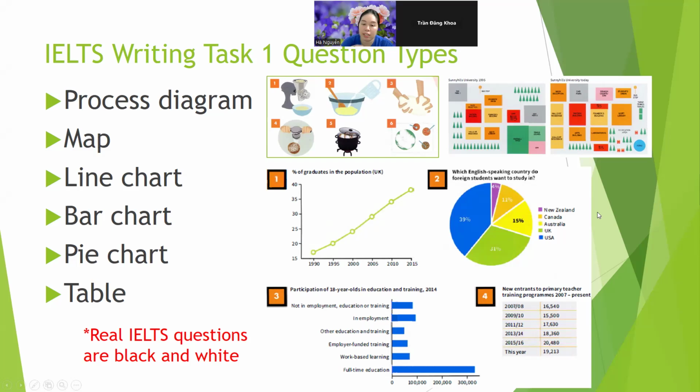Right, so let's continue. If there's anything unclear, please stop me and then ask, okay? The first thing is call them by their correct name. The second thing, to choose the language in your description, in your report, you must pay attention to the time, okay? There are 2 types.